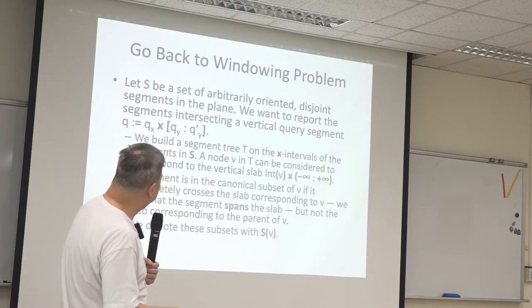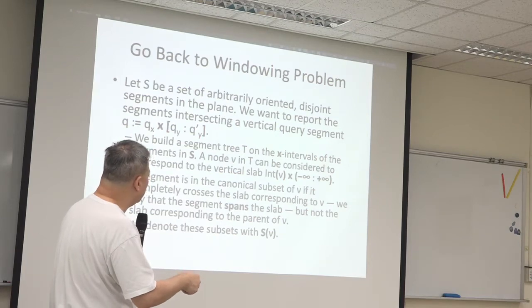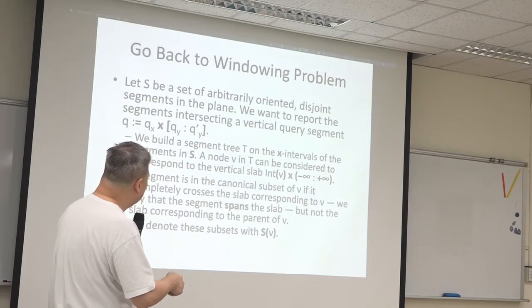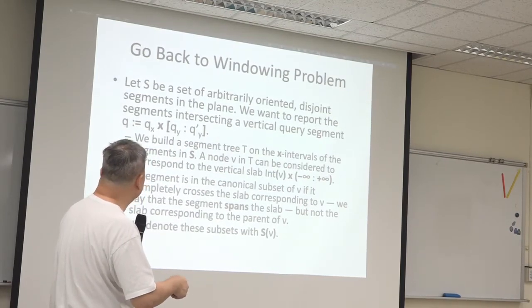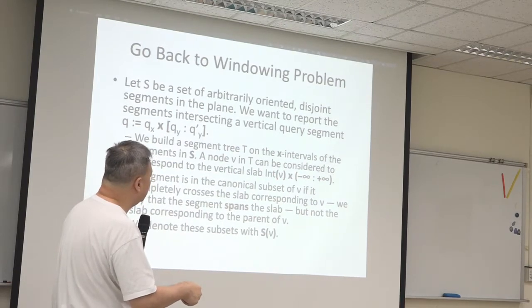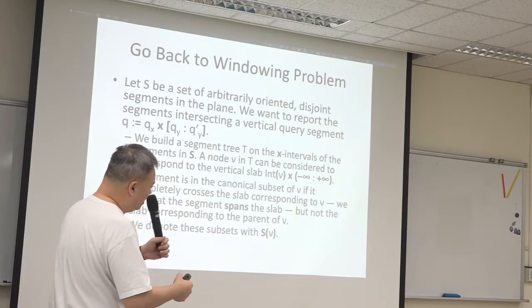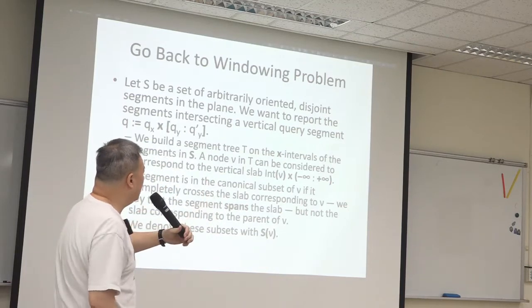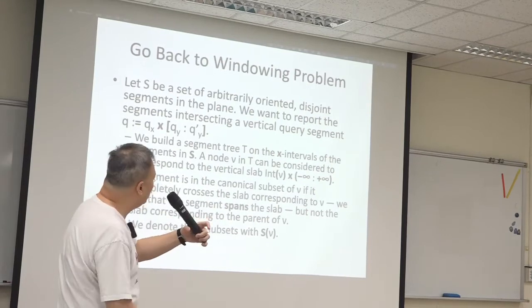So we can build a segment tree T on the x intervals of the segments in S. A node V in T can be considered to correspond to the vertical slab, the interval of V times the infinite range for the y coordinates.